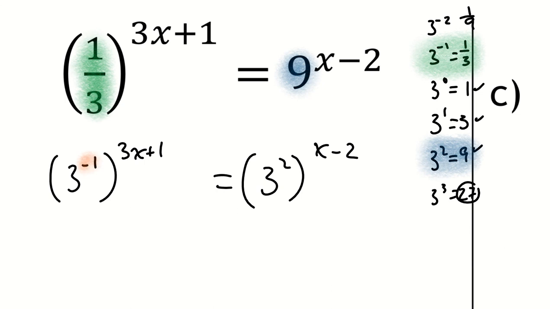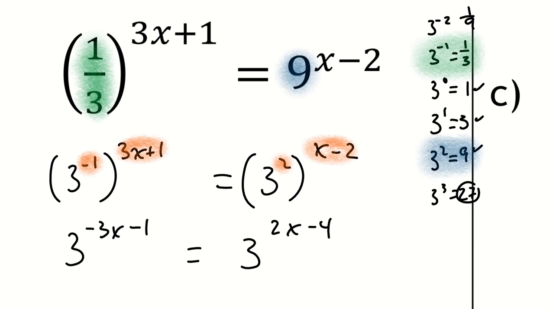And for me to raise this power of negative 1 to the 3x plus 1 power, or this power of 2 to the power of x minus 2 power, I have to multiply these things. So when I multiply negative 1 times the quantity 3x plus 1, I get 3 raised to the negative 3x minus 1 power. And on the other side, I get 3 raised to the 2x minus 4 power.